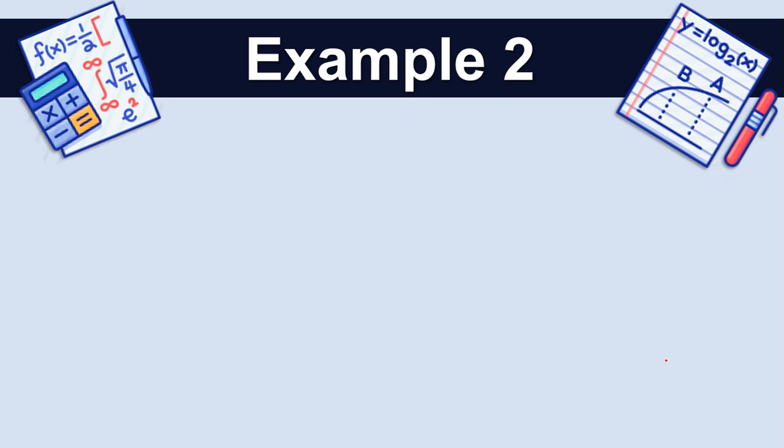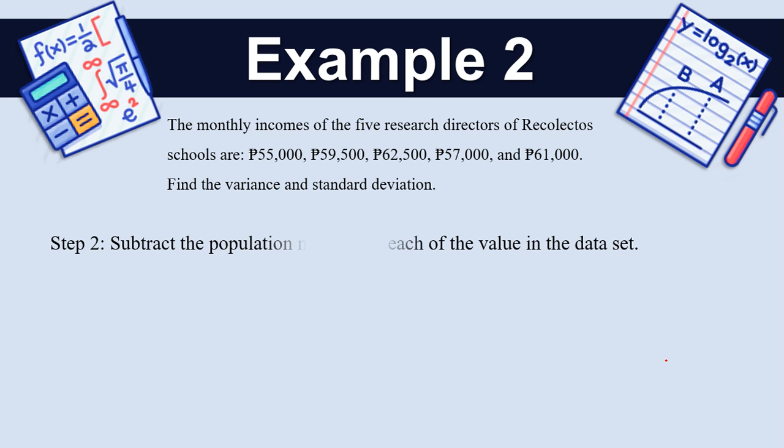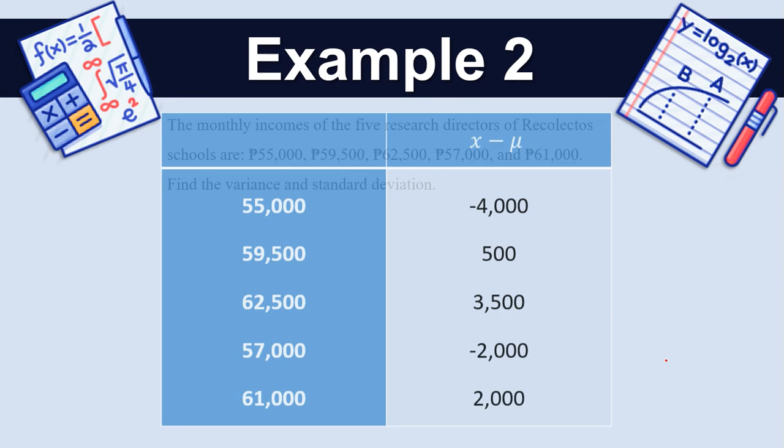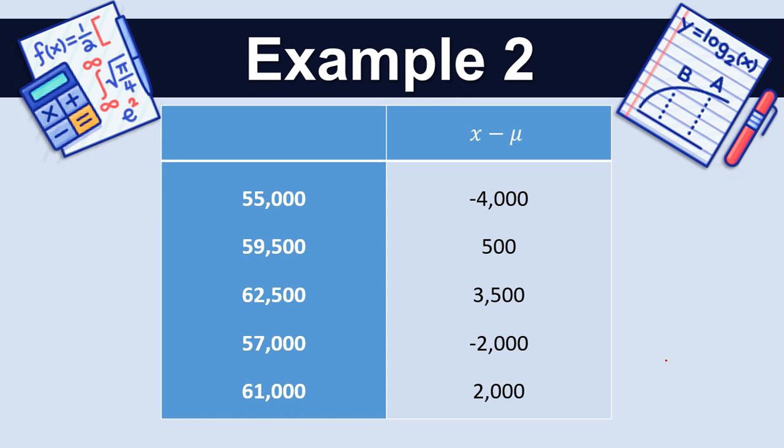Okay, step number 2, ganun pa din. We will be subtracting the mean doon po sa value or data na meron po tayo isa-isa. Okay, so ganyan po siya. So the mean that we have is 59,000. So isa-isahin lang natin siyang i-subtract.